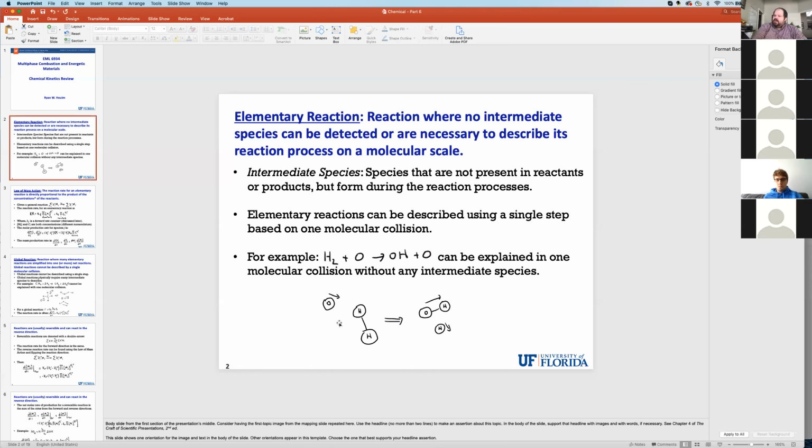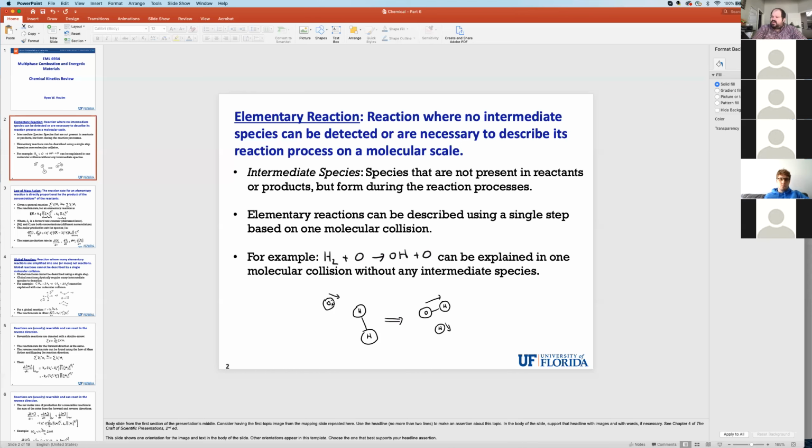So here we have an H2 molecule just happily sitting here, and we have this O atom that is just going to come in and crash the party. This O atom is going to come flying in, and it's going to strike this H2 molecule.